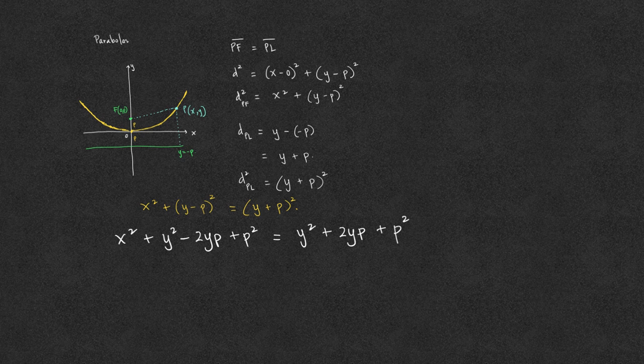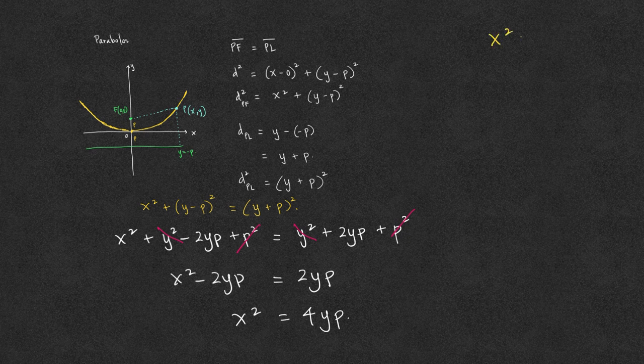So we can cancel out p squared and y squared. This is now x squared minus 2yp equals 2yp, or x squared equals 4yp. This is the standard form of a parabola.